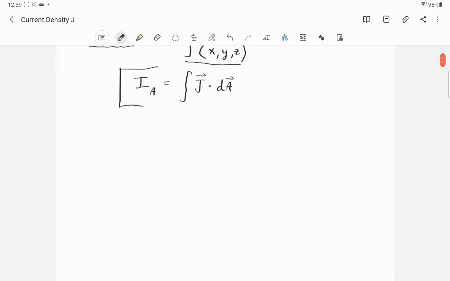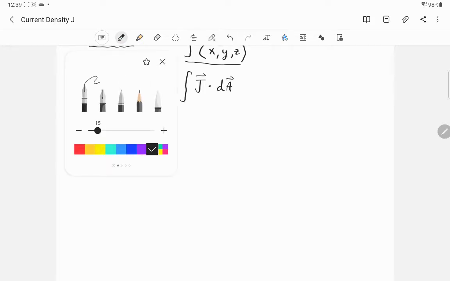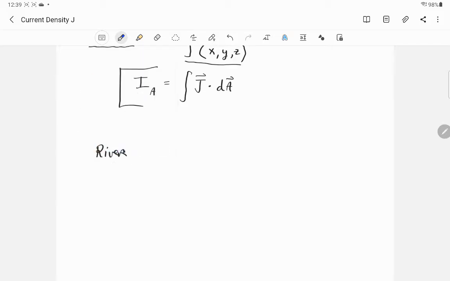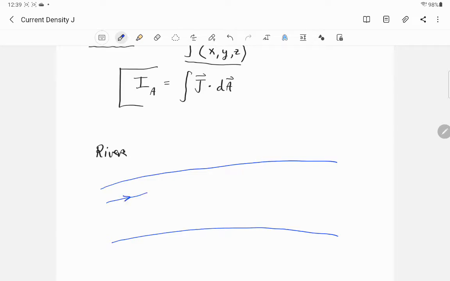So here's the idea. Imagine you have a river, and the river is, say, blue water. The water is going to be flowing along the river. So here is a sense of the flow lines.